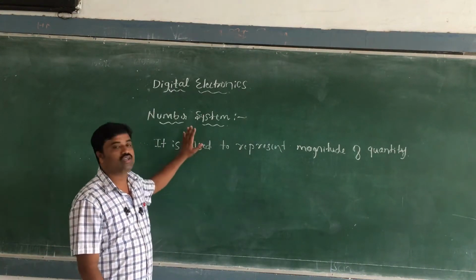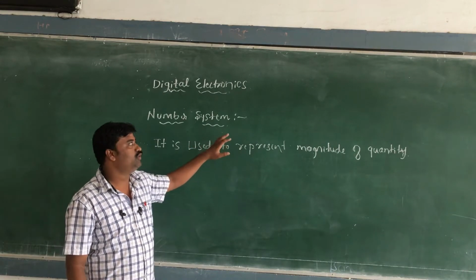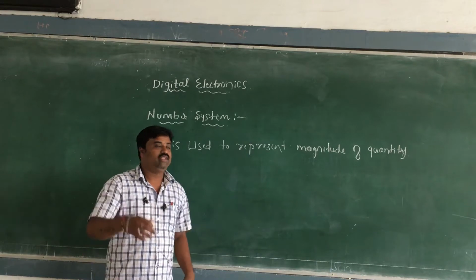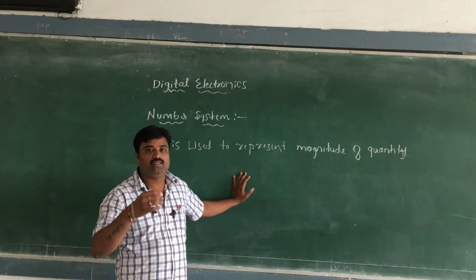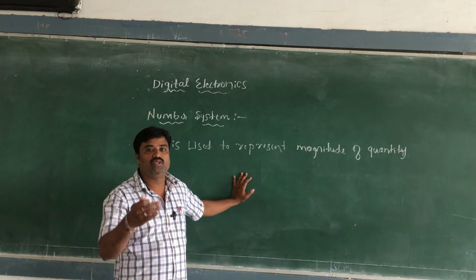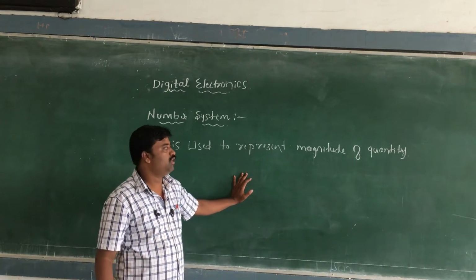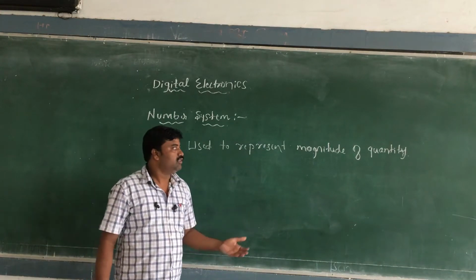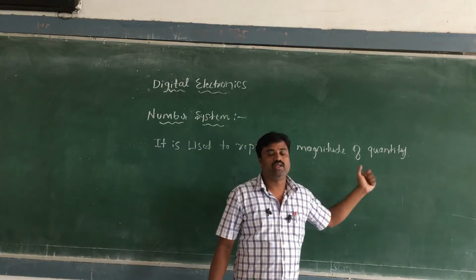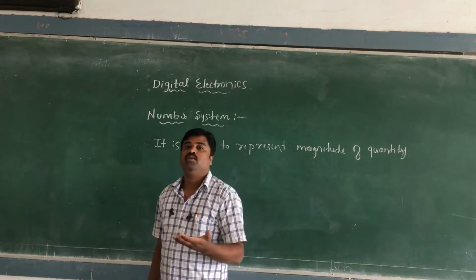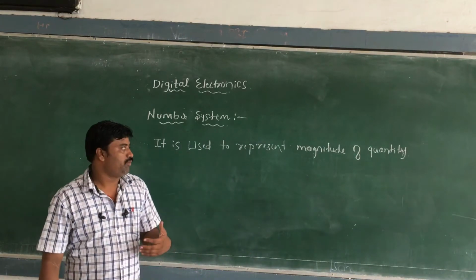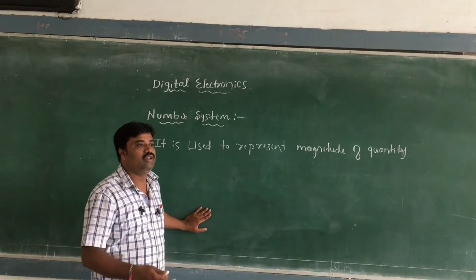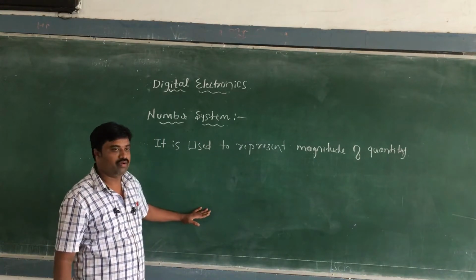Today we discuss the concept called number system, which comes under the digital electronics subject. Today we'll see what we mean by the number system and the types of number systems. A number system is used to represent the magnitude of a quantity, or to represent numbers.